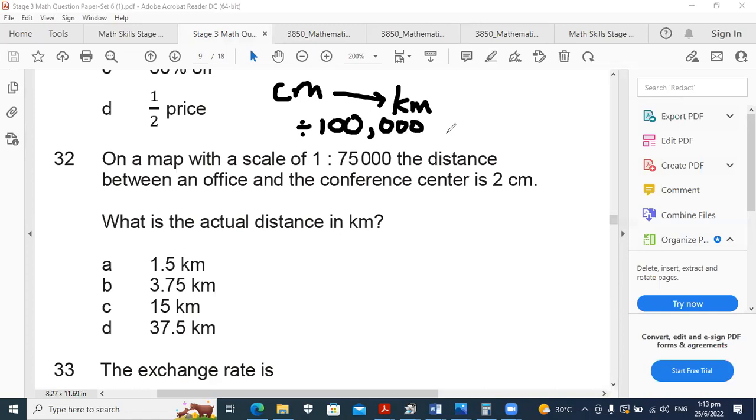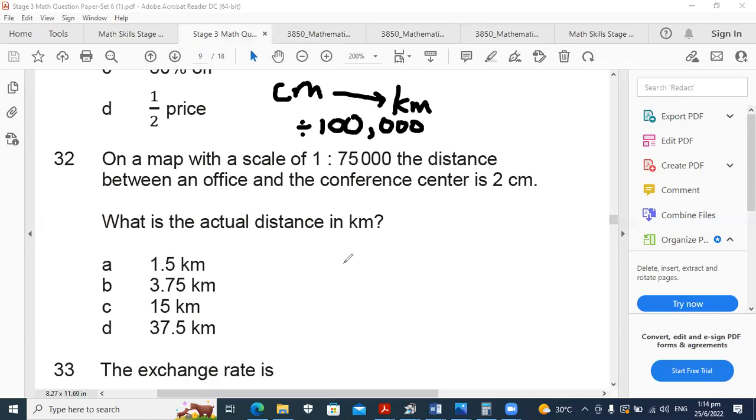All right, let's look at this now. It says on a map, with a scale of 1 to 75,000, the distance between the office and a conference room is 2 centimeters. What is the actual distance in kilometers?